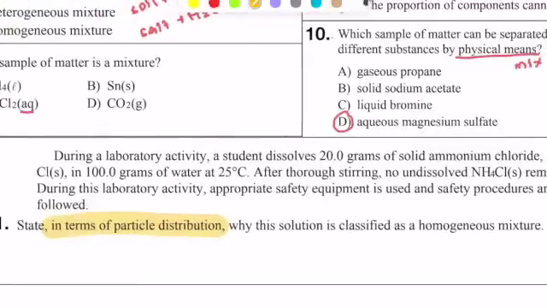This is when both the solute and the solvent are dissolved completely. Although that answer is correct, you will not say that a homogeneous mixture is the one where the solute and the solvent are completely mixed. In fact, what you're going to say is that a homogeneous mixture is the one where the particles are evenly distributed, because that's what the question is asking.